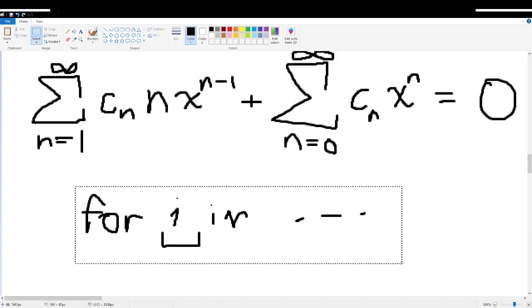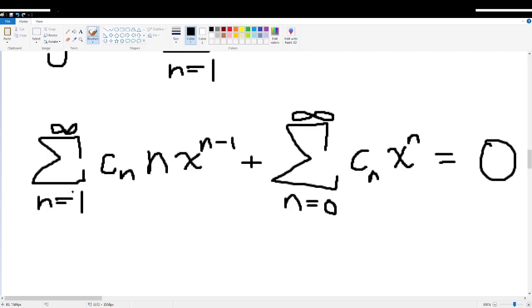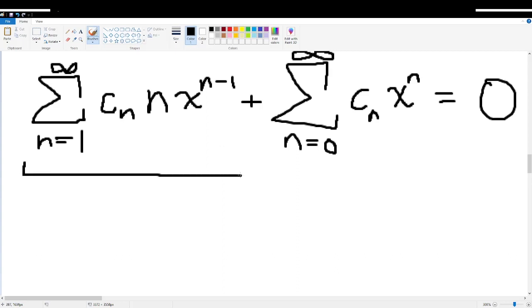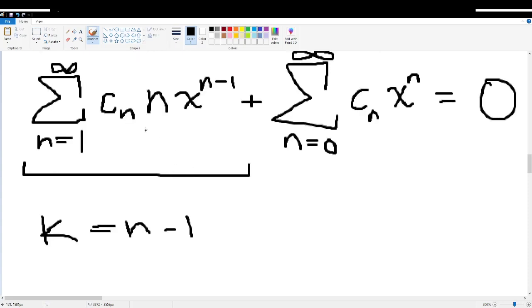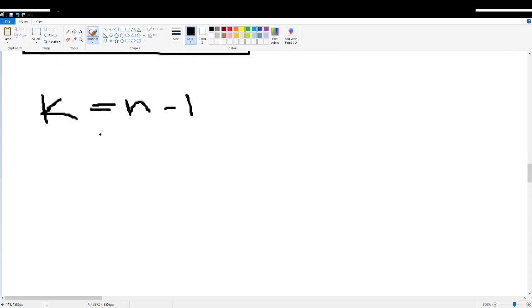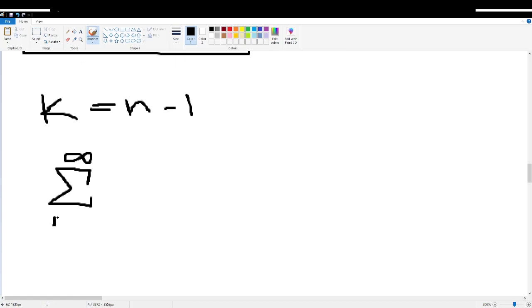So what we can say is, n is cool, but let's make a substitution for our iterator. Let's let our new iterator k be equal to n minus 1. And we can do that. We can substitute, but we have to substitute consistently. So let's look at the first term right here. n goes from 1, but k is 1 less than n, so k is going to begin from 0.